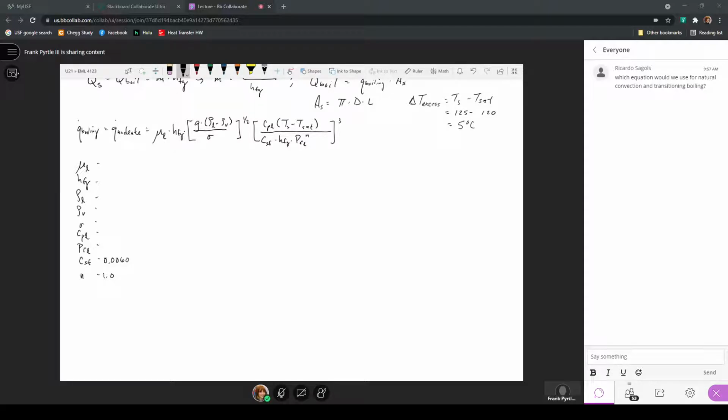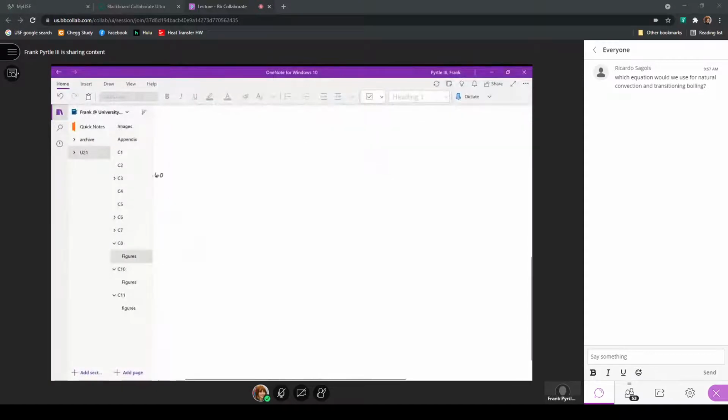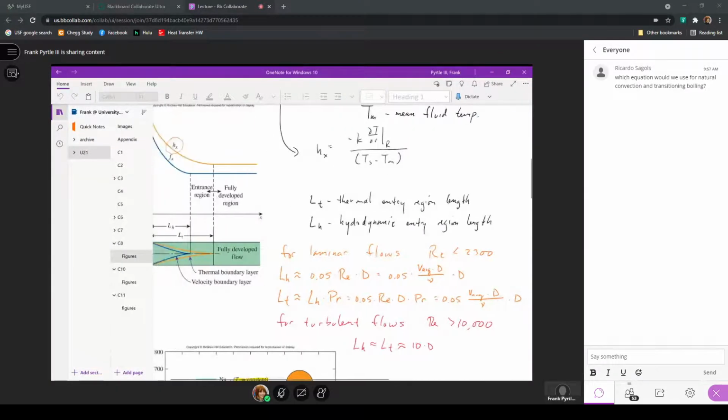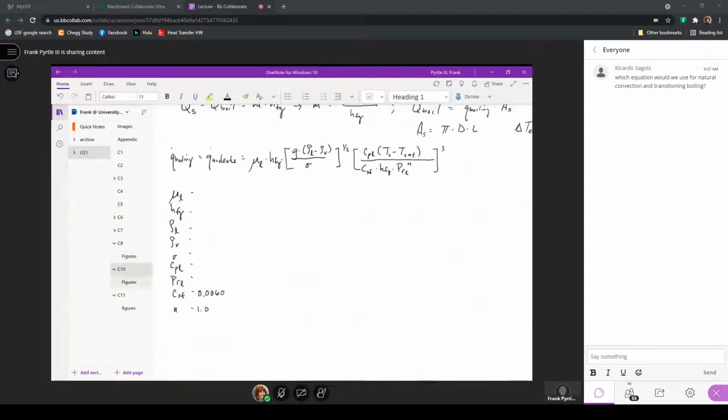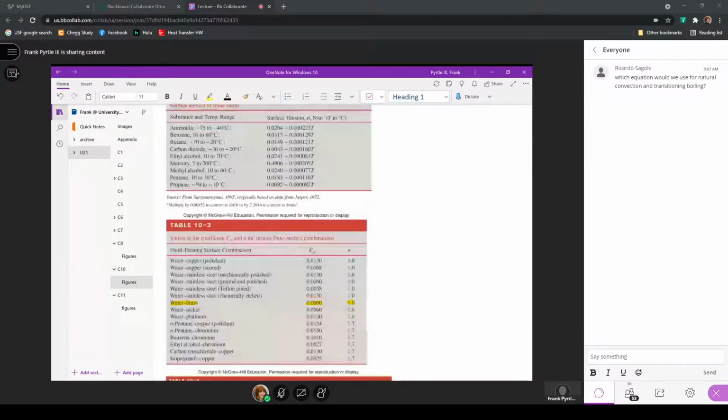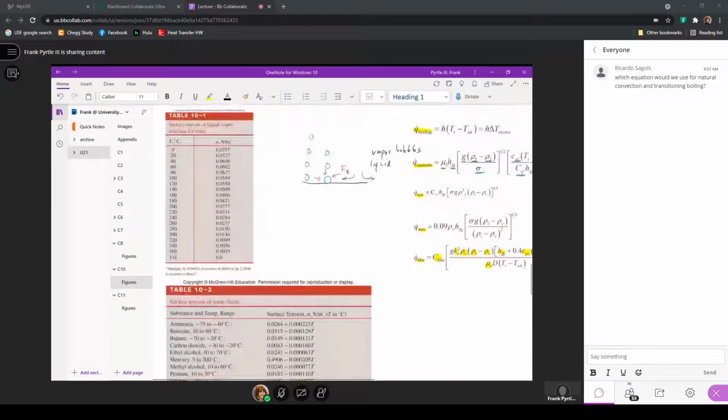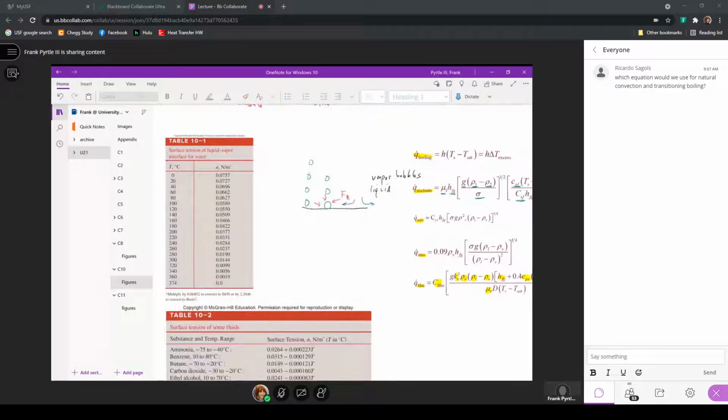And for these properties that we need, we're going to get the surface tension from another table that I just presented. Go to the figures. The surface tension for water at 120 degrees is 0.0550.